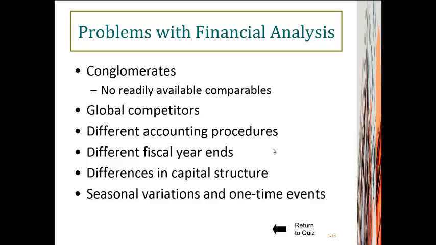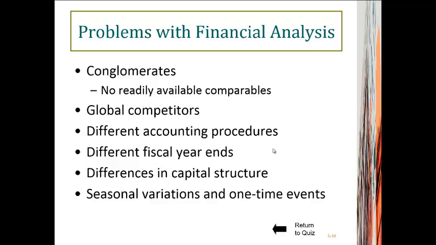Finally, we may have differences in capital structure. We may not be able to make a great comparison because one firm uses a lot more debt than the other. Some firms may not use any debt. And so that's going to cause a difference on our financial statements that we're going to have to be able to deal with.